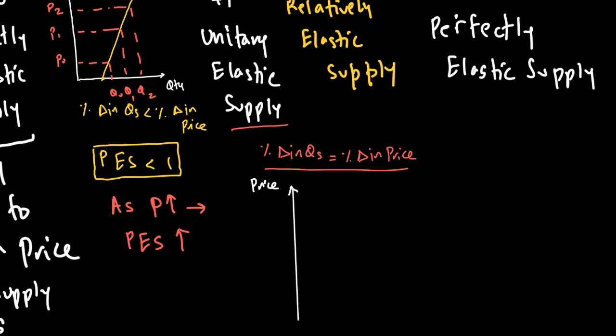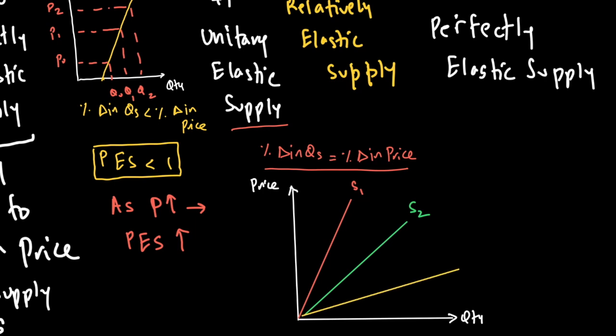If I draw my supply curve coming from the origin, with price and quantity axes, and I have supply curves like S1, S2, or S3, all of these supply curves are coming from the origin.